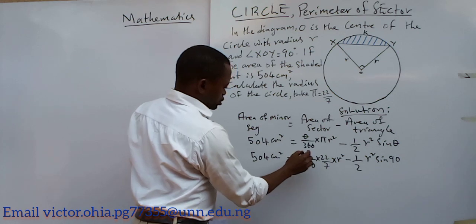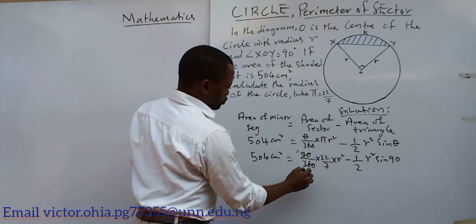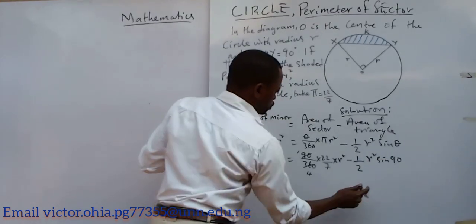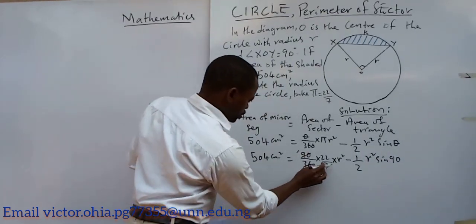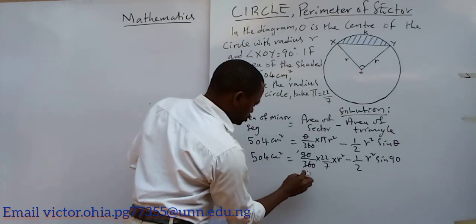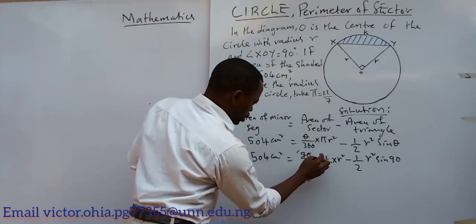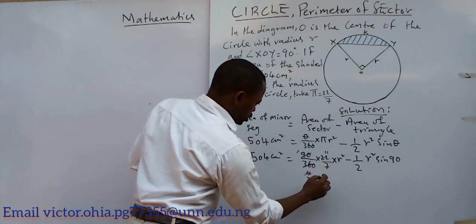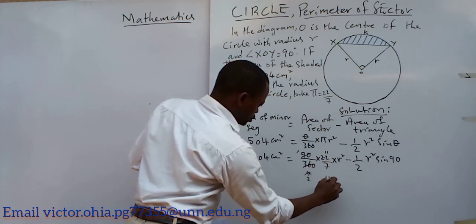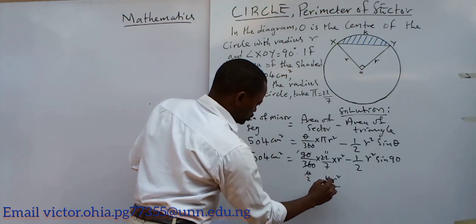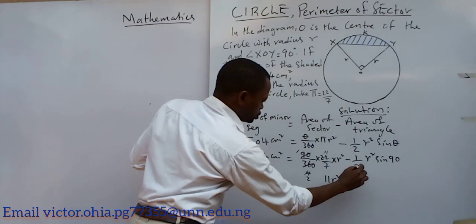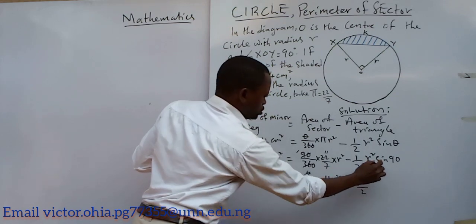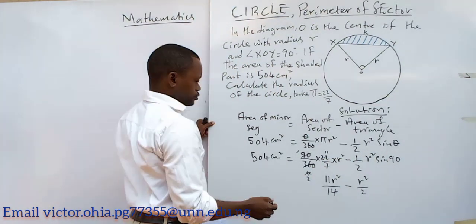Sine 90 is 1. So what do we have left here? I think this 4 can still reduce to 2 and reduce this 22 to 11. So within here I have 11 r squared over 2 times 7, which is 14, minus r squared over 2, since sine 90 is 1.